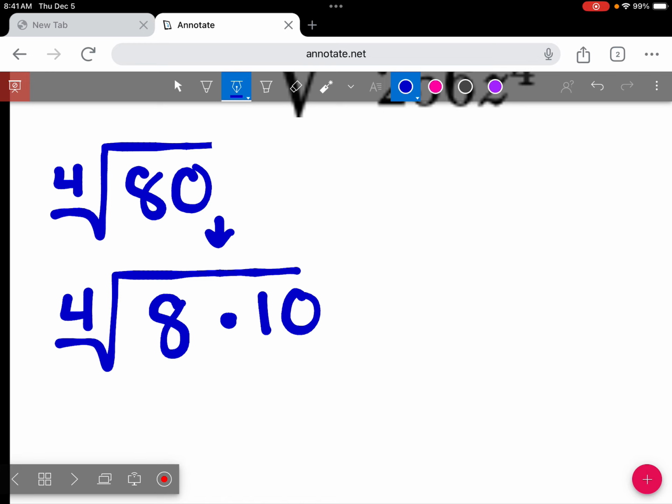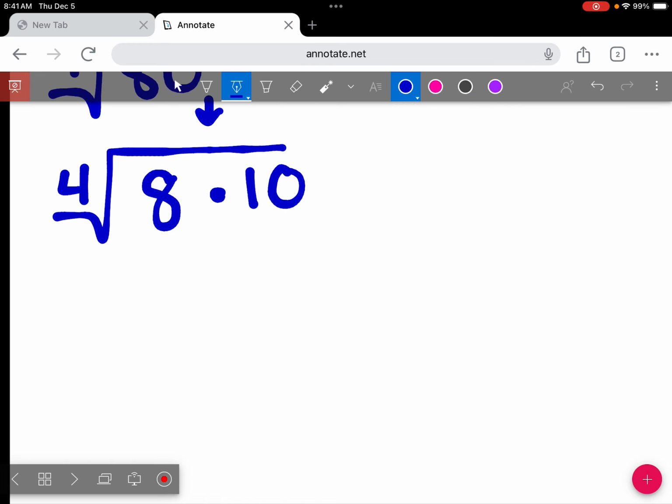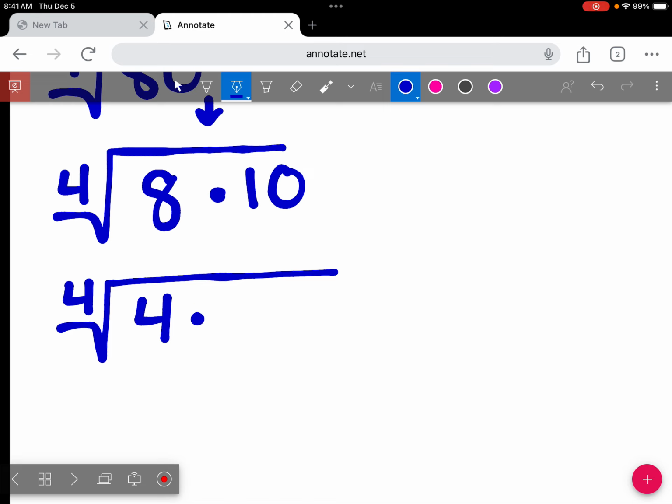I don't see any groups of 4 yet, so we're going to keep going. So 4th root of, what multiplies to make 8? 4 times 2. And what multiplies to make 10? 5 times 2, or 2 times 5.